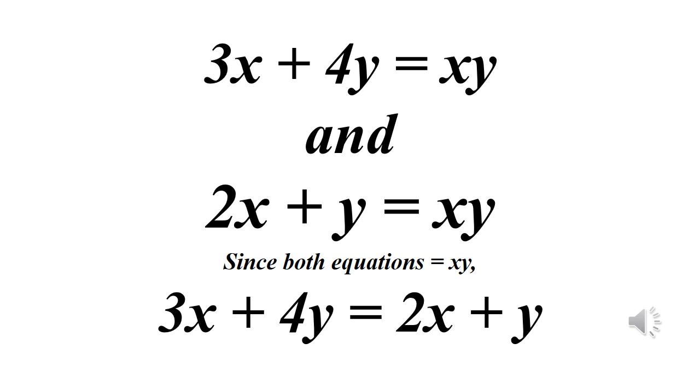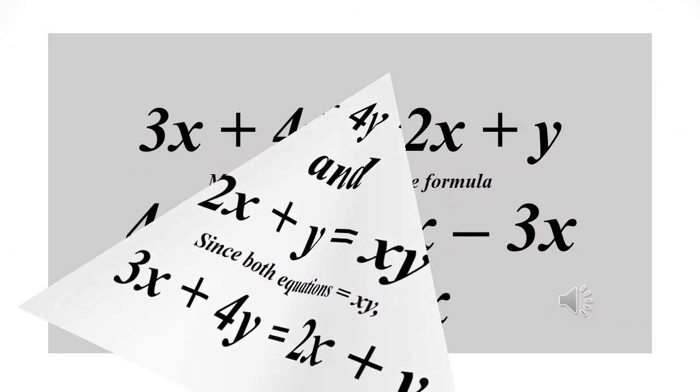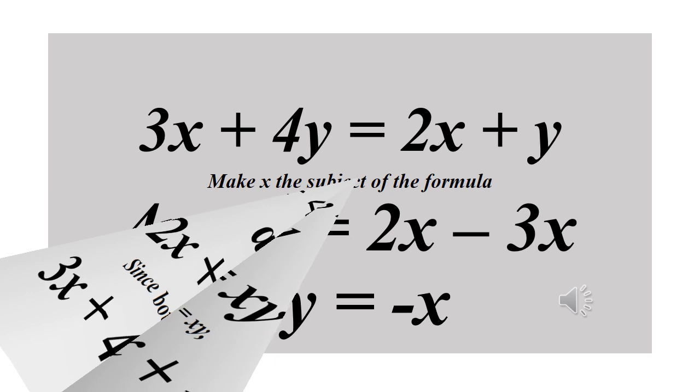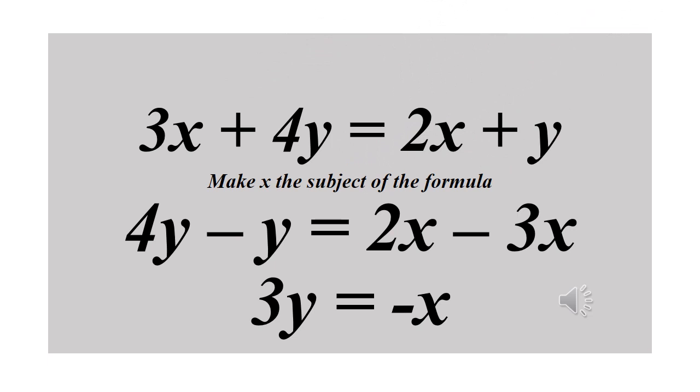So what we have now is the first equation, 3x plus 4y equals xy, and 2x plus y equals xy. Since both equations equal xy, we can just equate the two of them. So we have 3x plus 4y equals 2x plus y. Now, we can just collect the like terms here.